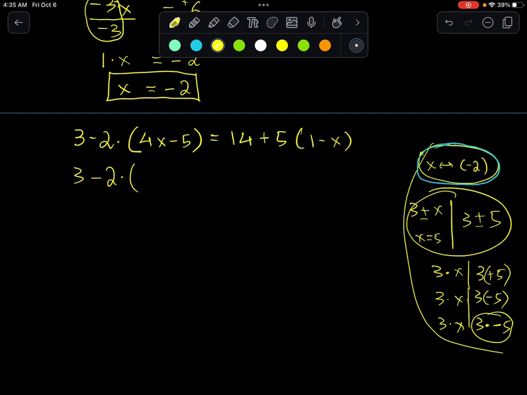Sometimes you can put this in a bracket because there's going to be another parenthesis inside, but I'm just going to leave it as a bigger parenthesis. 4 times, here I'm going to put parenthesis -2, minus 5, closing, equals drops, 14 drops, plus drops, 5 drops, parenthesis drops, 1 drops, minus drops, minus 2 replaces x, parenthesis drops.